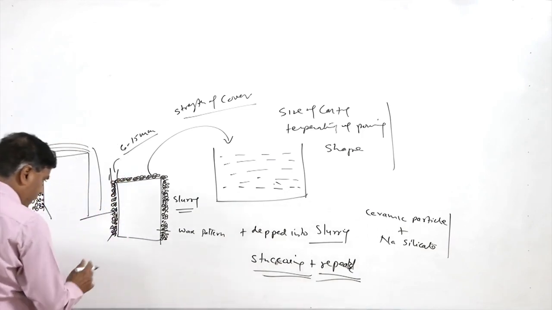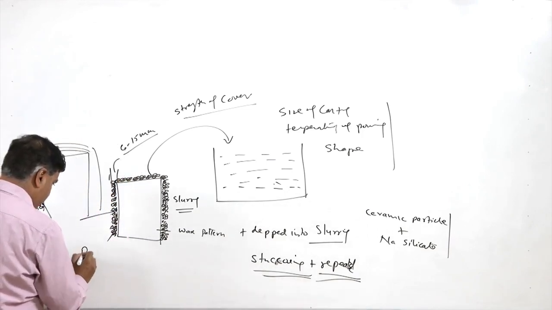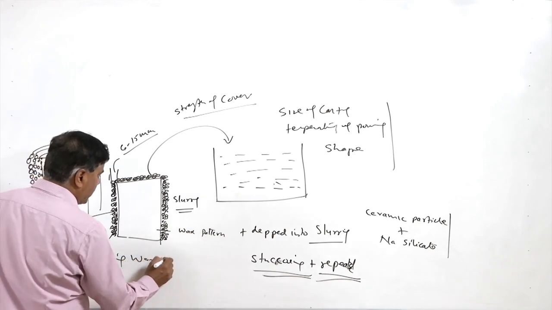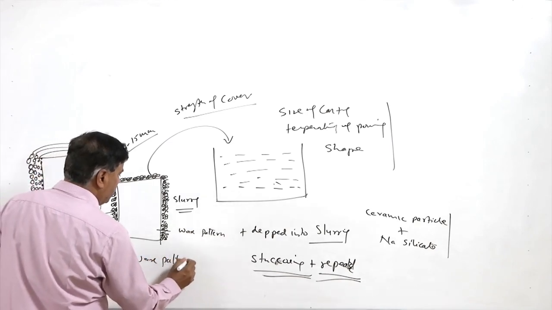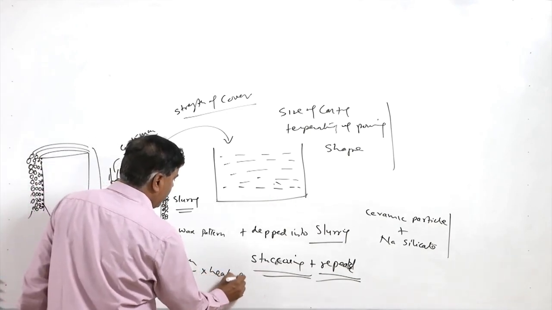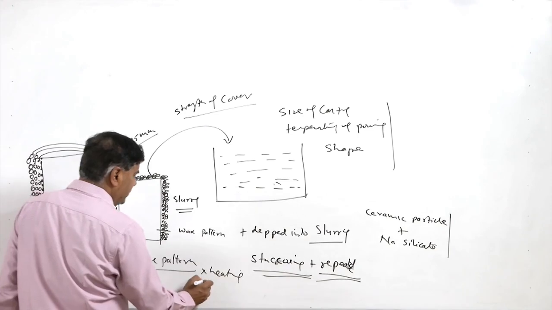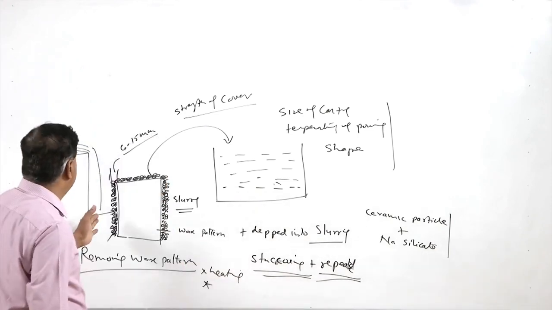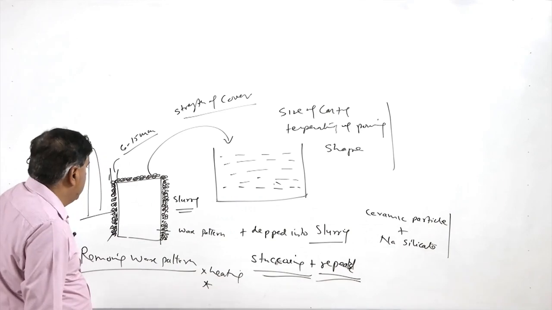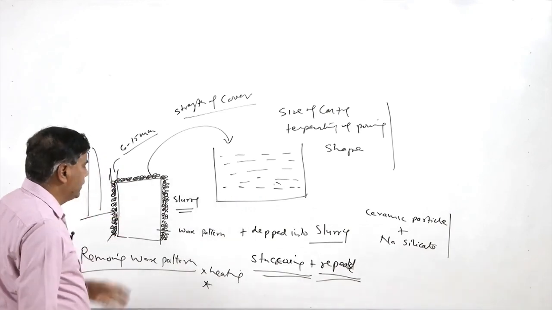For removing the wax pattern, basically two methods are used. One is heating of the entire system, the shell which has been formed and the pattern itself.